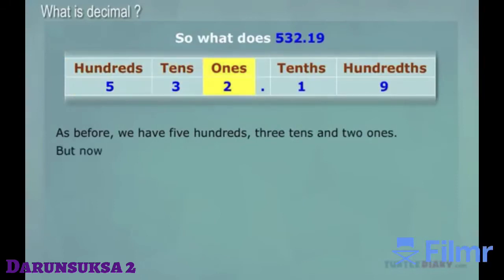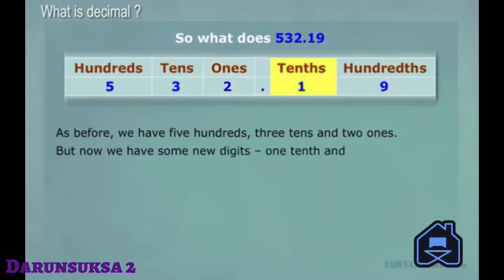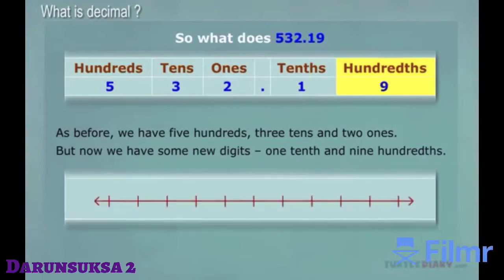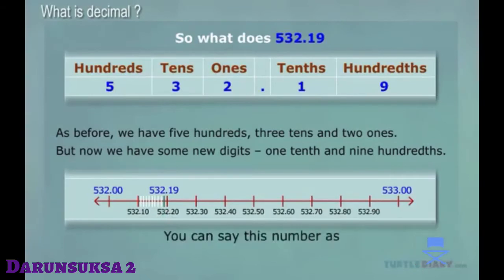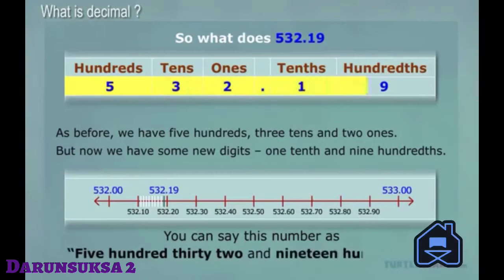But now we have some new digits, 1 tenth and 9 hundredths. So we have a number that is bigger than 532, but smaller than 533. You can say this number as 532 and 19 hundredths.